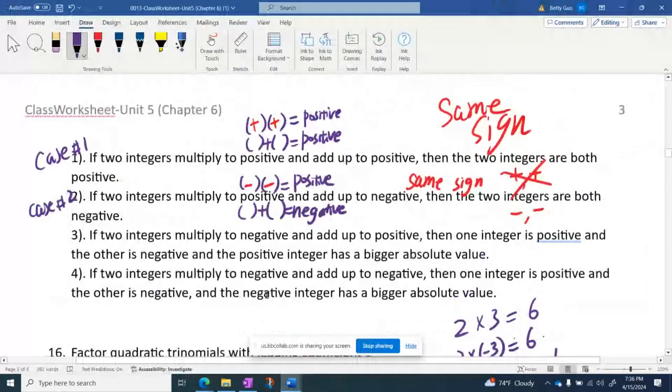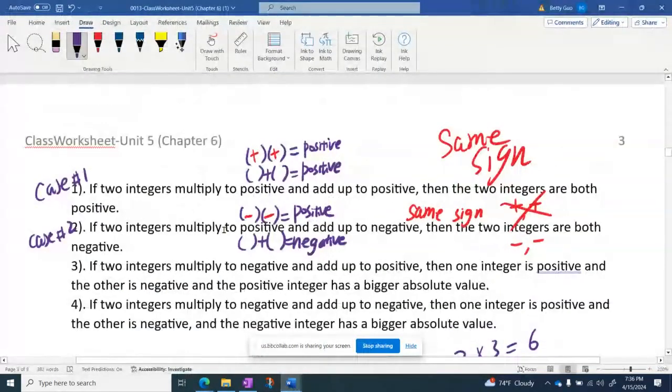So look at case 1. If the two integers multiply to positive and add up to positive, then they must be positive, because since they multiply to positive, they are either both positive or both negative. So let me write down here. They cannot be both negative, because if they are both negative, they are not going to add up to a positive number. So they have to be both positive.